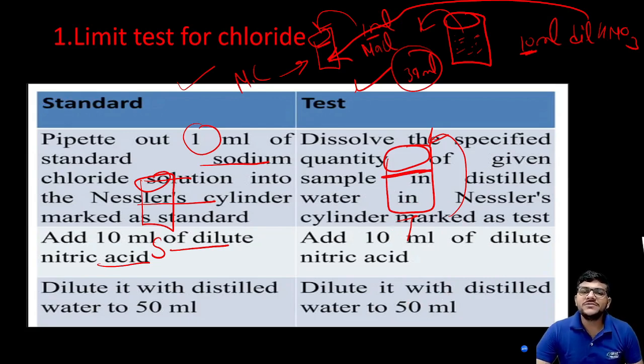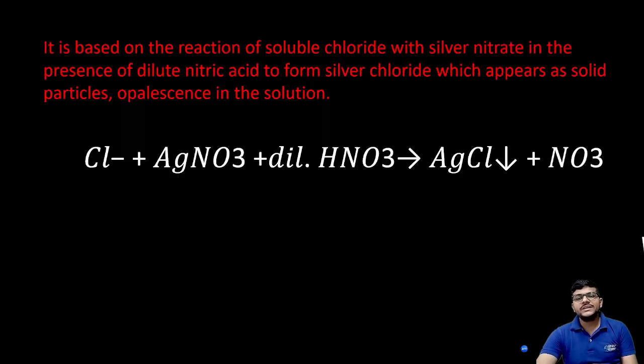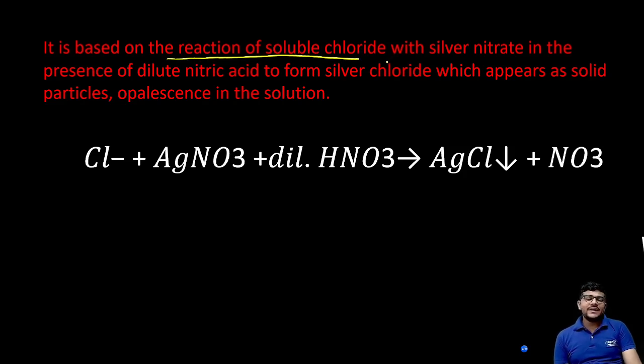So how will the reaction proceed and how will the limit test proceed? This reaction is based on the reaction of soluble chloride, that is, we are taking NaCl as a soluble chloride, with silver nitrate, that is AgNO3, in the presence of dilute nitric acid.